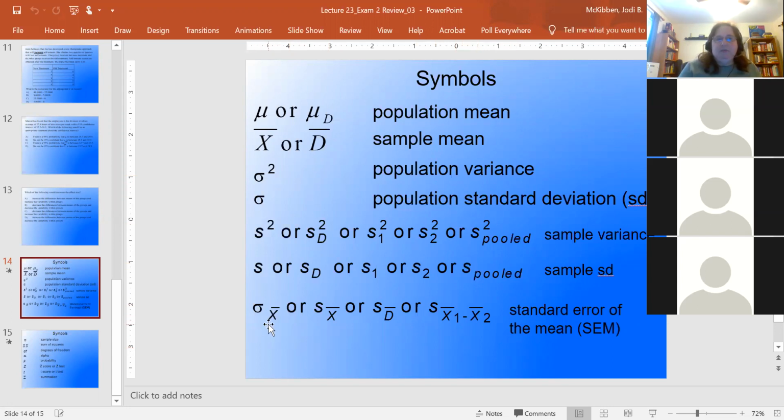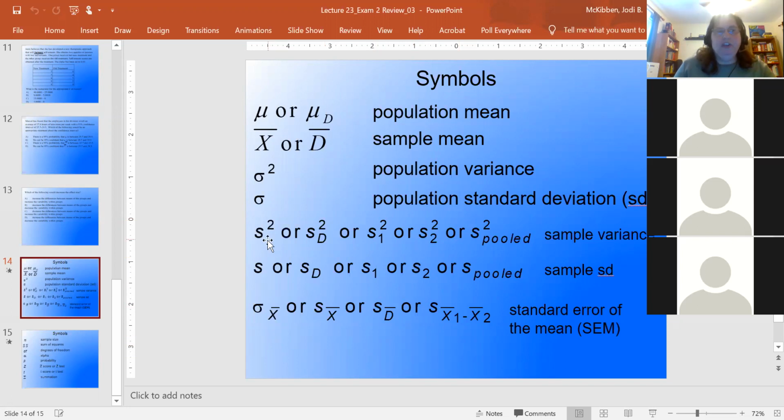Our sigma of X bar, our standard error of the mean. Whereas population standard deviation is the average spread in the population, the population standard error of the mean is the average spread for the sampling distribution of means.